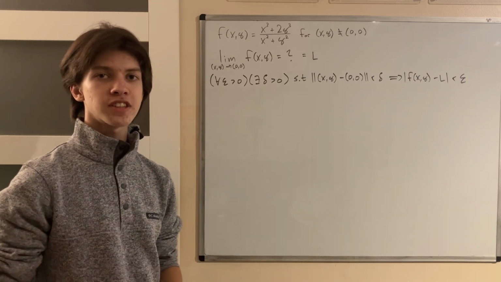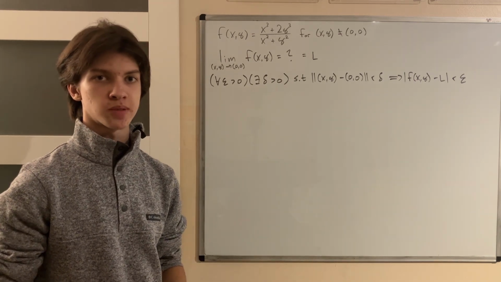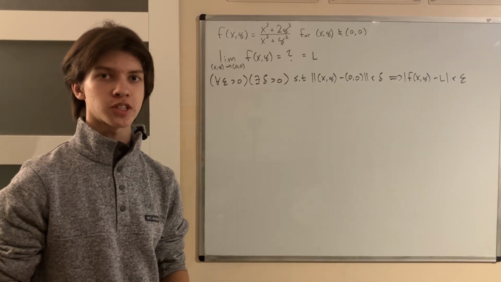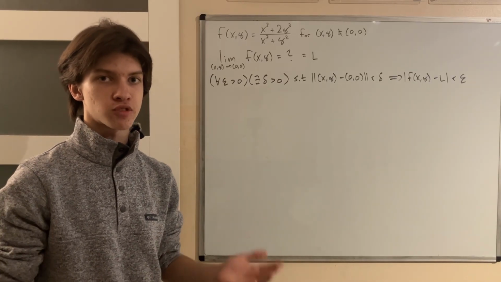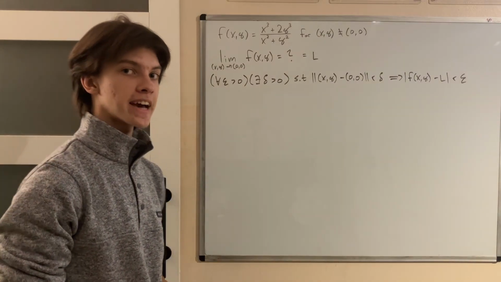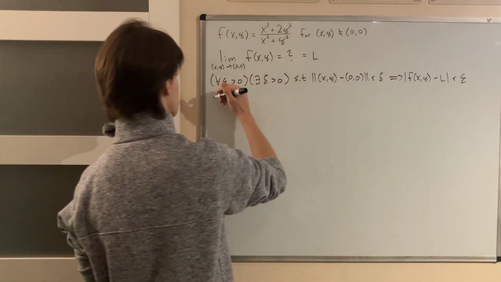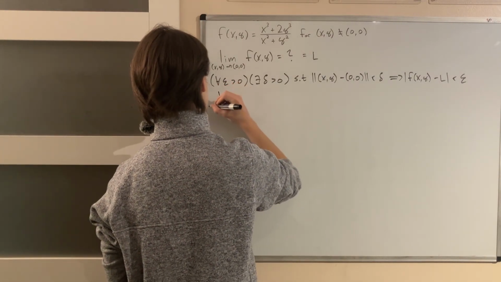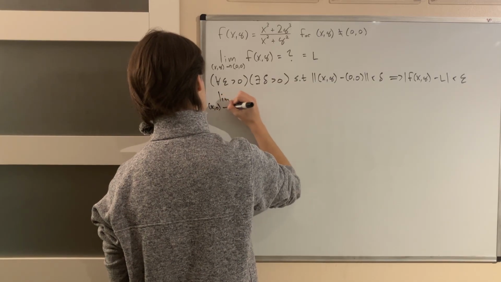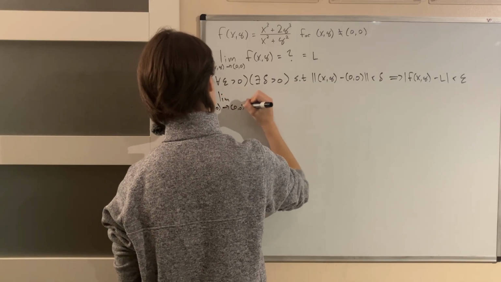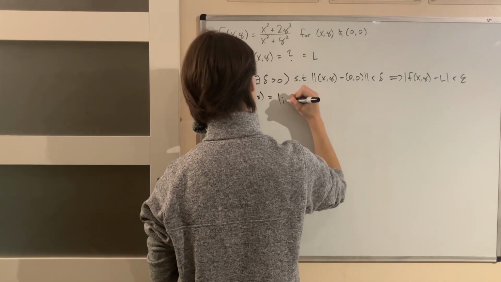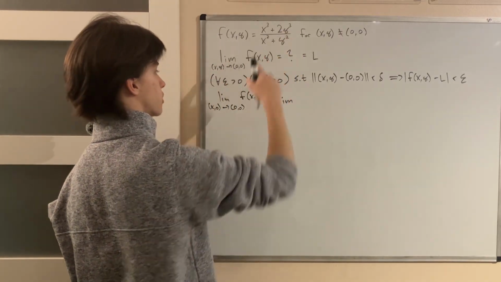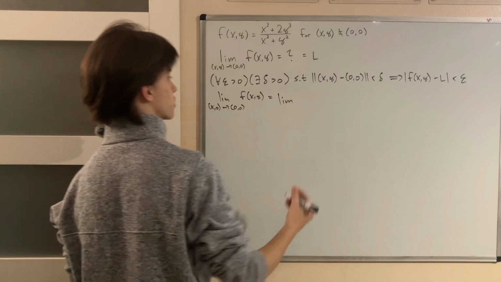To make our guess, we can take this limit from a couple directions. Because remember, now in multivariable calculus, we take limits from an entire ball around some point, not just from two sides. I guess I would try the x-axis first. So the limit as (x, 0) approaches the origin, which is literally just along the x-axis of this function, becomes the limit where the y terms just become 0, as is shown.